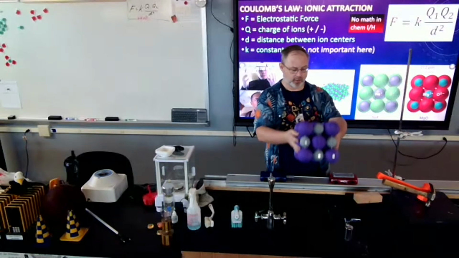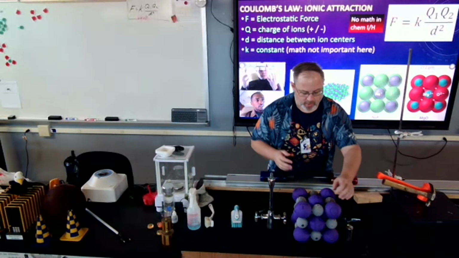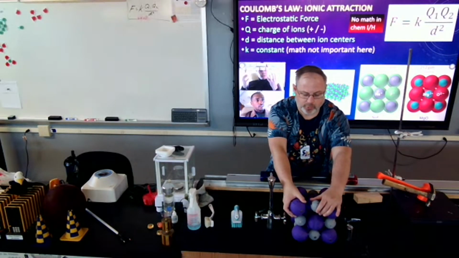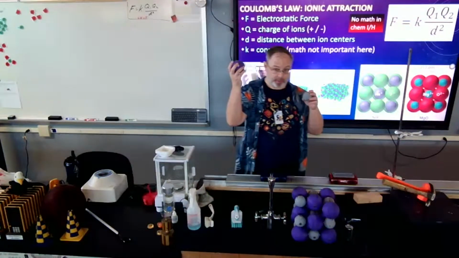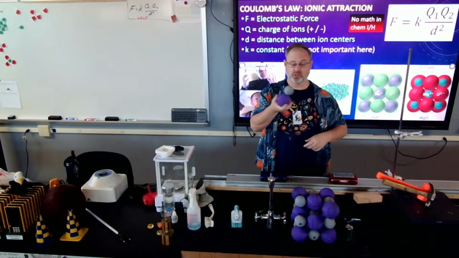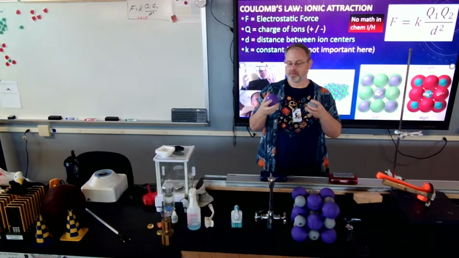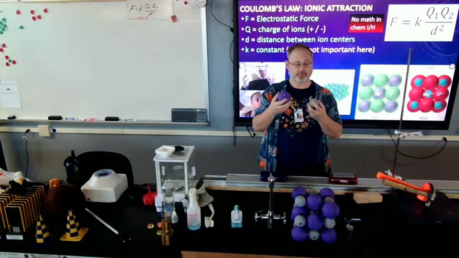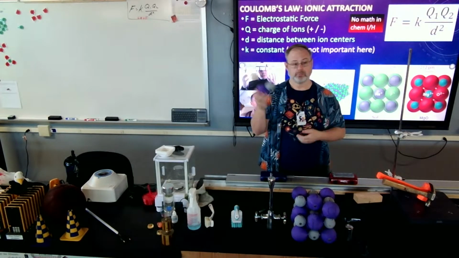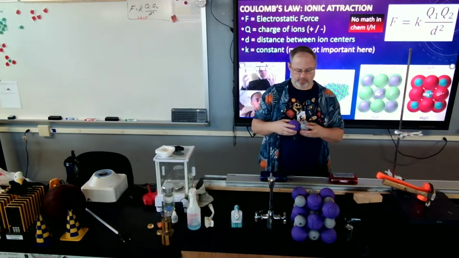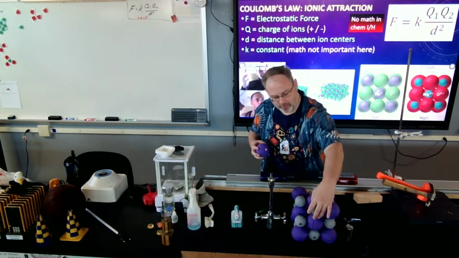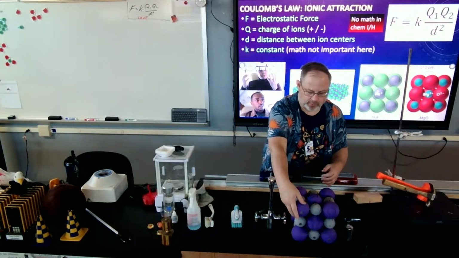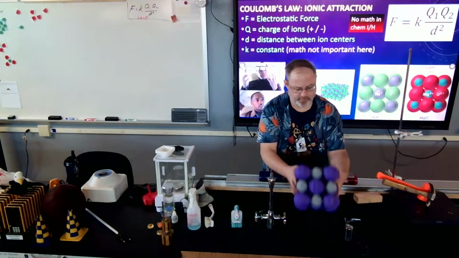So here we've got our crystal lattice of salt, and quick review, it forms a crystal lattice because the sodium ion is positive, the chlorine ion is negative, and they just stick. Positives attract negatives, negatives attract positives. The sodiums attract a bunch of chlorines, the chlorines attract a bunch of sodiums, and we get a crystal lattice that looks something like this.